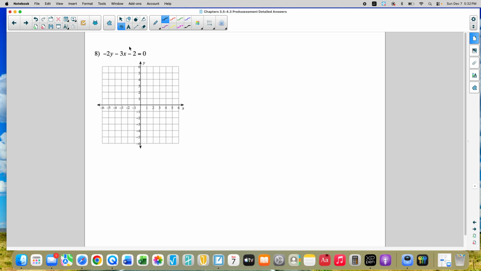This is not in any format. It's not standard, and it's not slope-intercept, and it sure as heck is not point-slope. So I'm going to have to manipulate it. That's my easiest way to do it. And I'm going to solve for y. So I will add 2 to both sides.